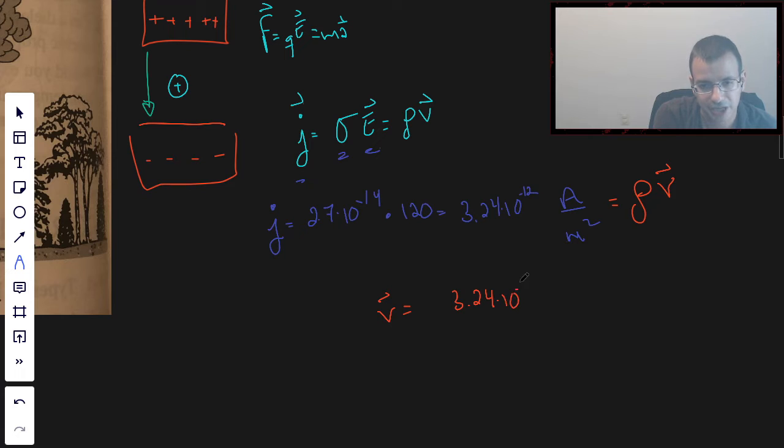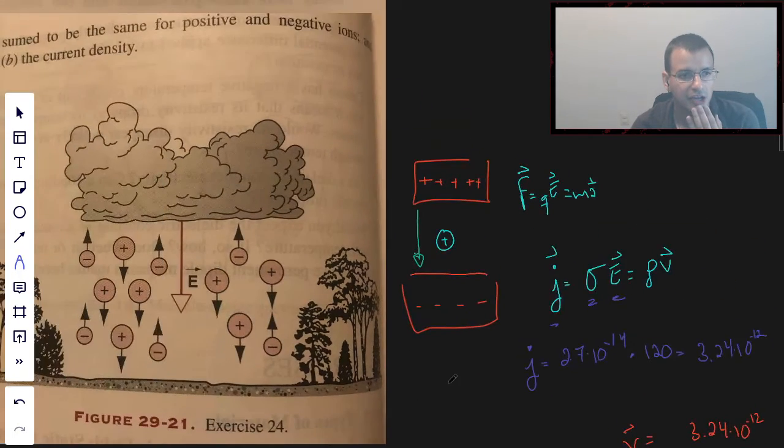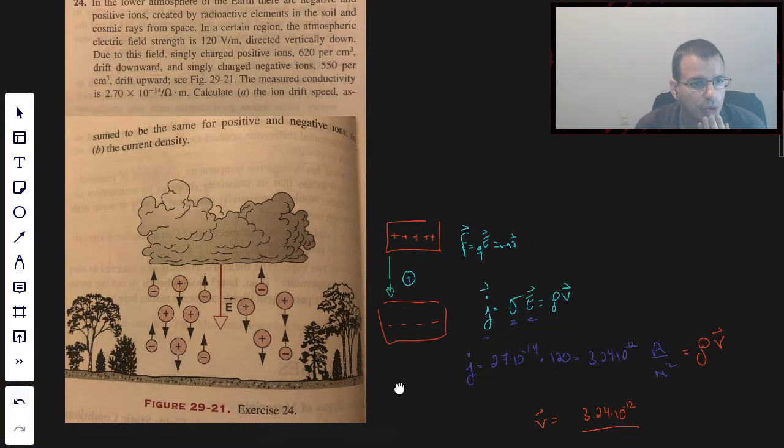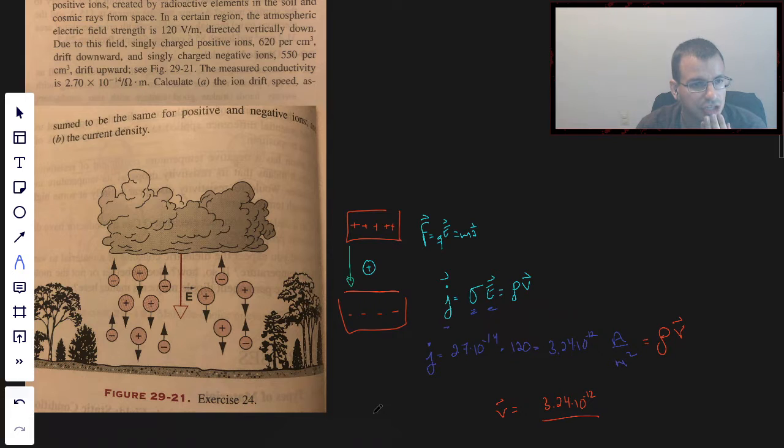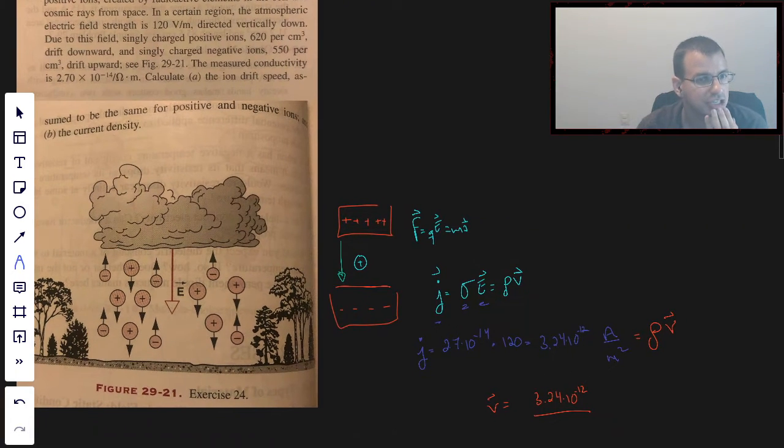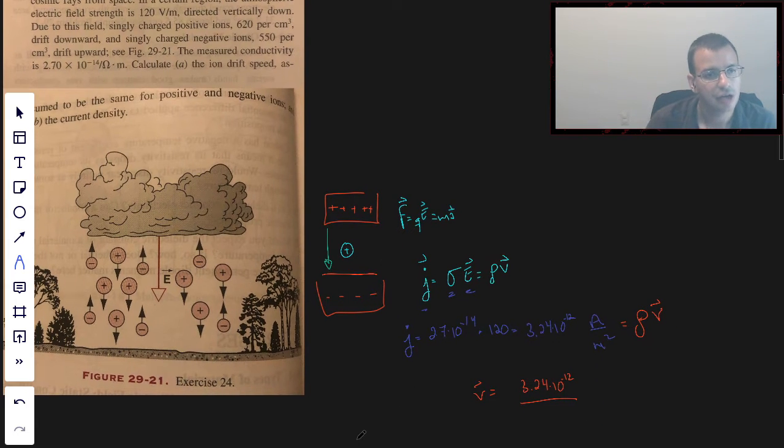3.24 times 10 to the negative 12th, divided by the charge density. So the charge density is going to be the positives minus the negatives. So it's going to be 620 minus 550.